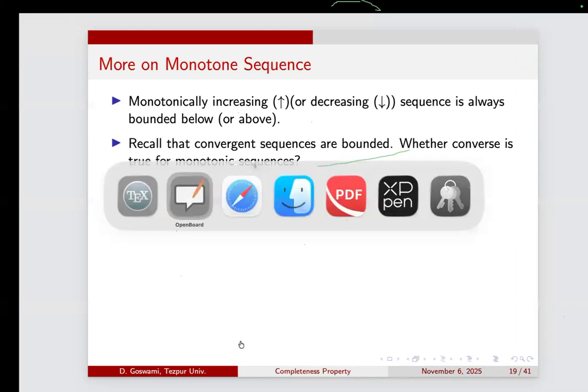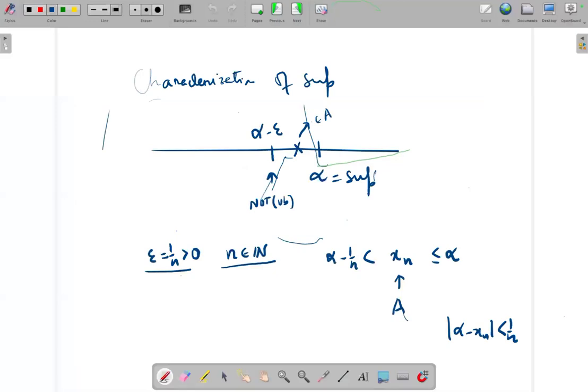For example, if I have a monotone sequence xn given by n, 1, 2, 3, and so on, this is an increasing sequence. Since this is an increasing sequence, it's already bounded below by 1. So a monotone increasing sequence is already bounded below. Similarly, a decreasing sequence is always bounded above.